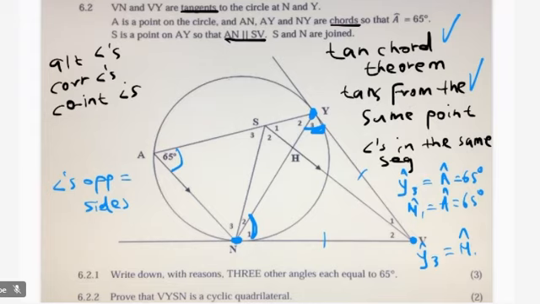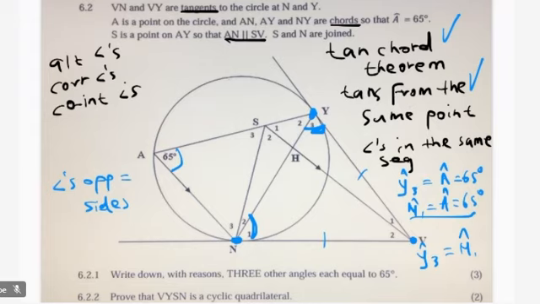So this will be a way of someone who didn't see at first. For example, God created us different. We don't have the same brains, so we can't think the same thing. Someone would have said N1 is equal to A because of the Tanko theorem. Someone else cannot see it and says Y3 is equal to N1 because of angles opposite equal sides.